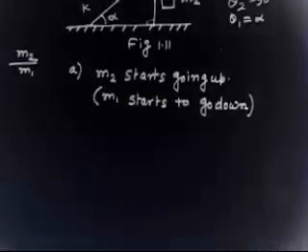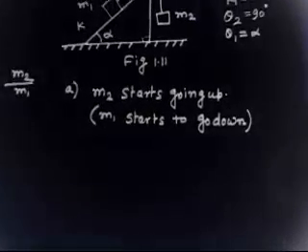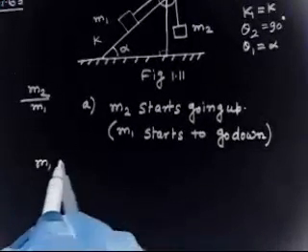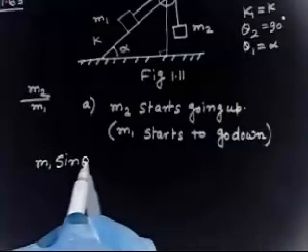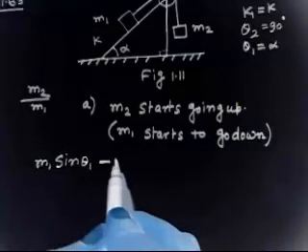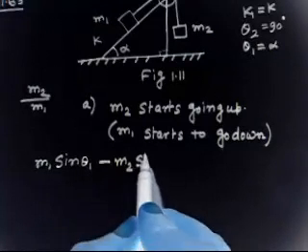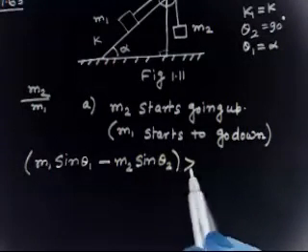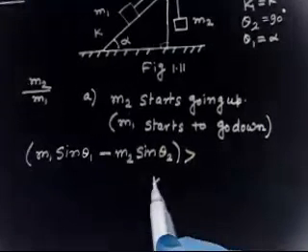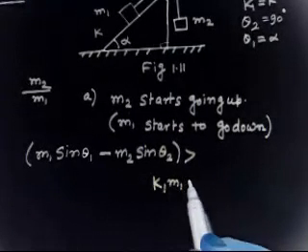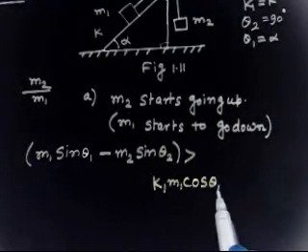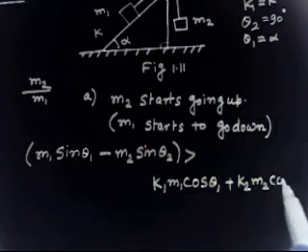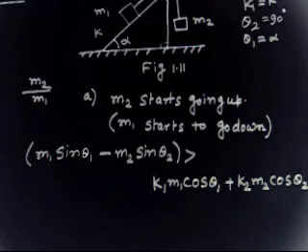So let me write. For m1 going down, I have already derived a condition, and this condition is m1 sin θ1 minus m2 sin θ2 should be greater than K1 m1 cos θ1 plus K2 m2 cos θ2.